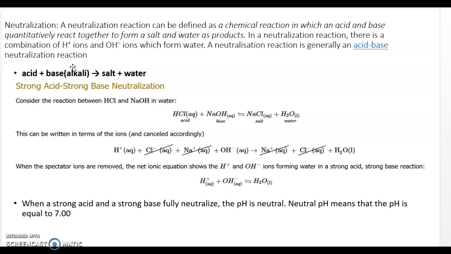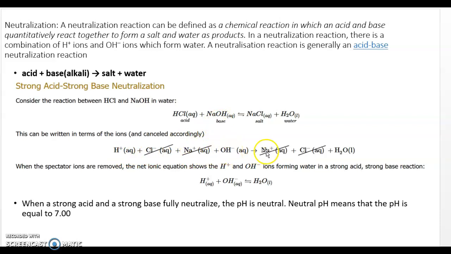For strong acid and strong base neutralization, take HCl plus NaOH. HCl dissociates in water as H+ and Cl-, and NaOH as Na+ and OH-.